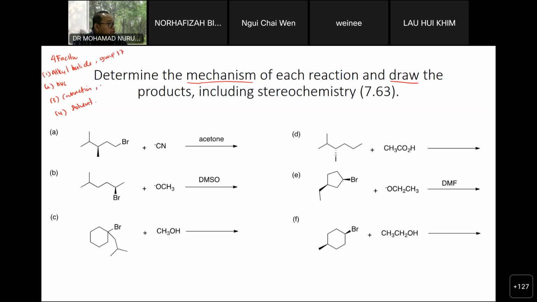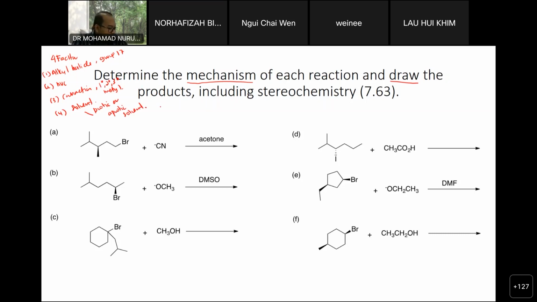The carbocation is primary, secondary, tertiary, methyl. The nucleophile is a strong or weak nucleophile. For the solvent, protic or aprotic solvent. This is the thing that you have to consider.